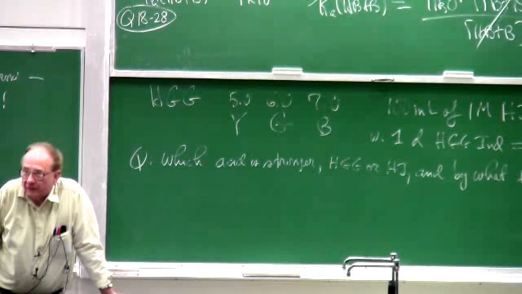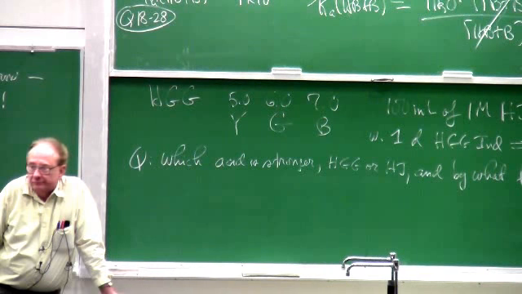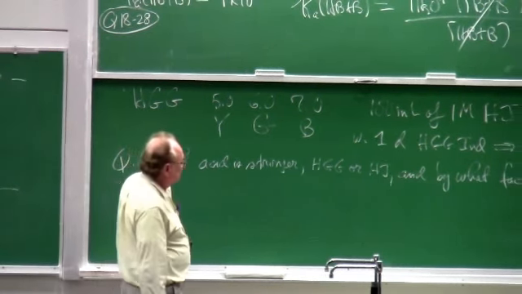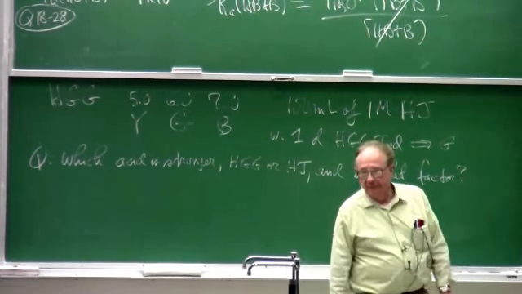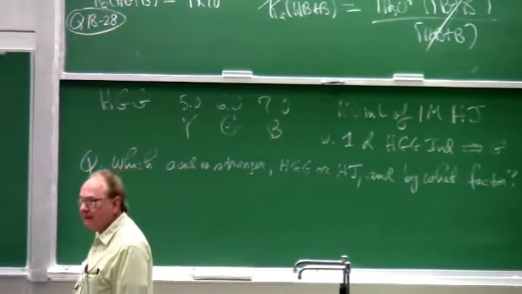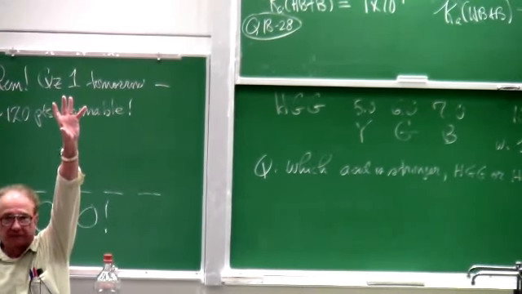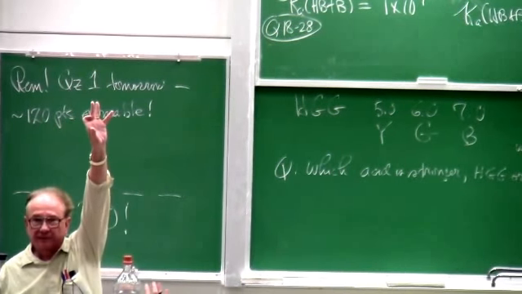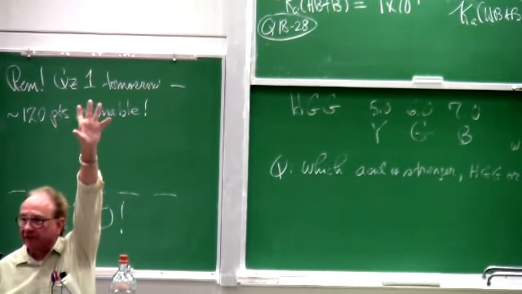Which acid is stronger and by what factor? All right, we'll start with a vote. The stronger acid is HGG. The stronger acid is HJ. The stronger acid is, I don't know, because I didn't vote.